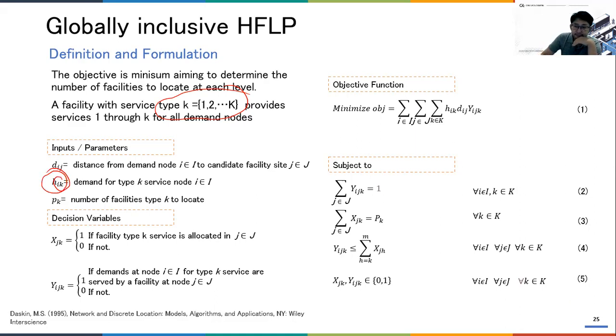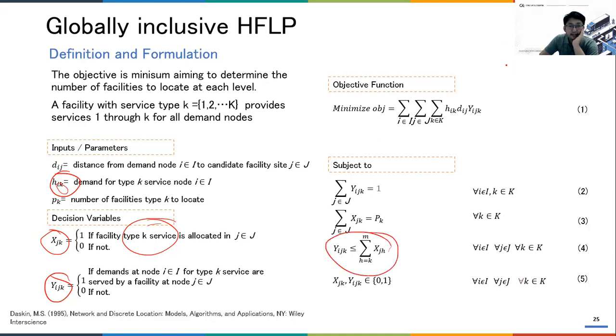And then if you want to serve this demand, you will need to make sure that the facility is providing those service demands or not. Here we will basically add one index K to the p-median problems.